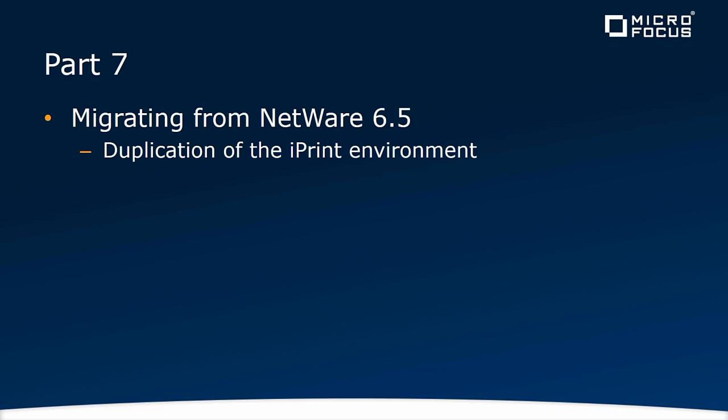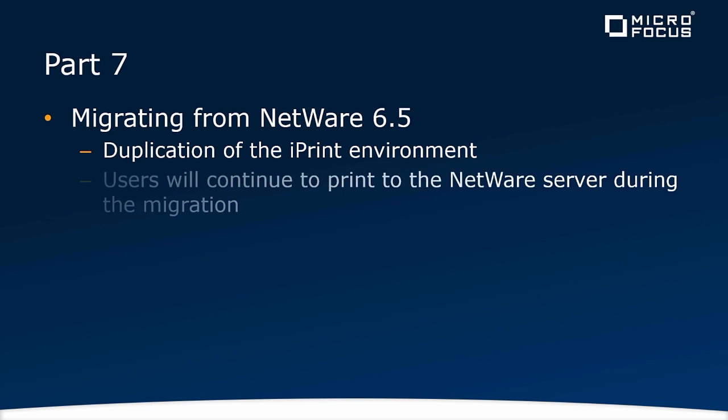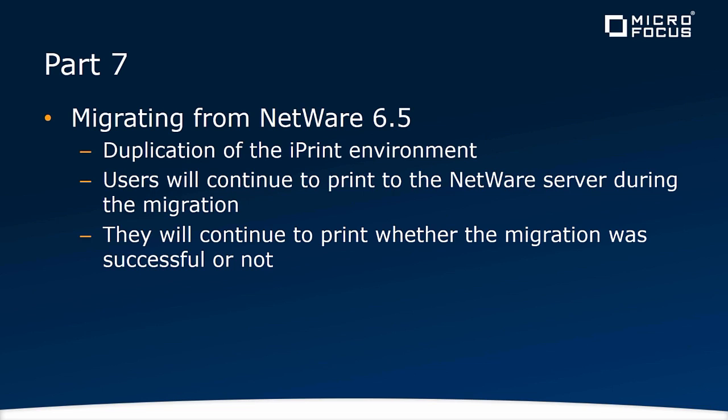When migrating, this is more of a duplication of the NetWare 6.5 iPrint environment. Because we're duplicating the environment, users will continue to print to the NetWare server during the migration. In fact, they'll continue to print to the NetWare server whether or not the migration was successful.